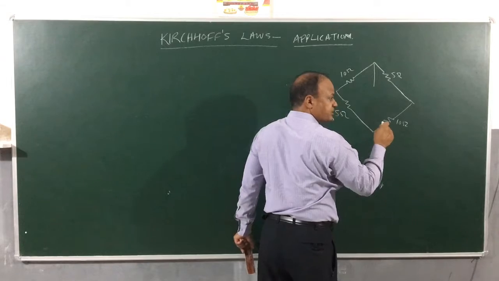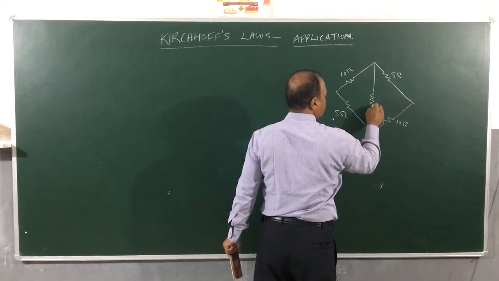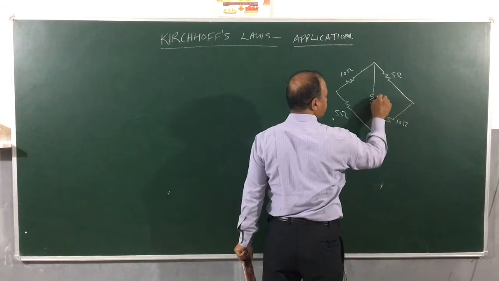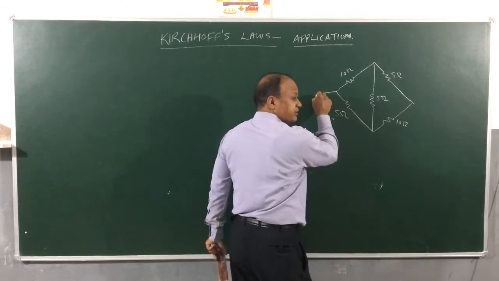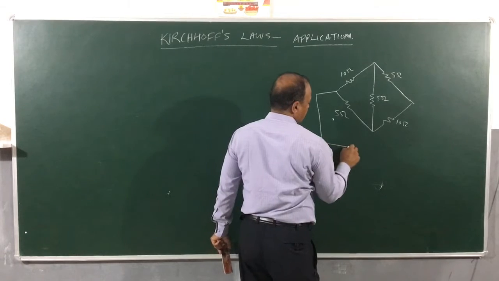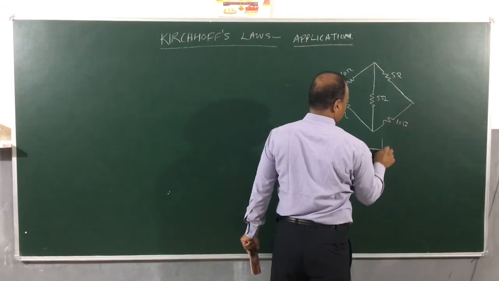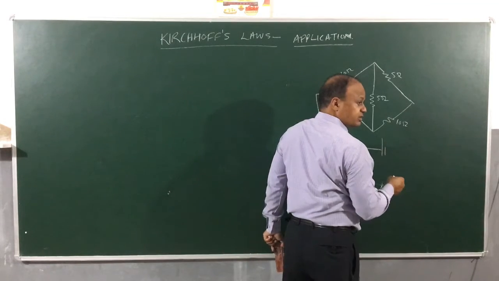This is how many ohms? This is 5 ohm. And here we got a 10 ohm resistance, and then here we got a battery which is 6 volts.